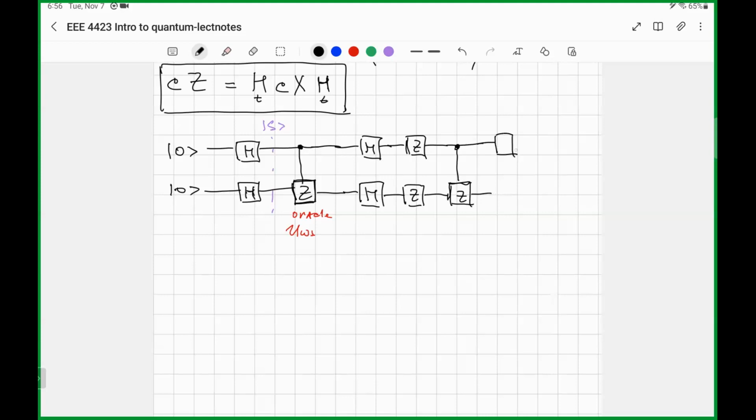Then we apply the Hadamards again to close the interference. And then finally we measure both qubits. Okay. And the result of this measurement must return only one state, which is state 1 1.